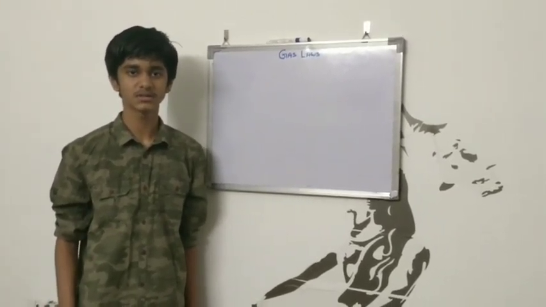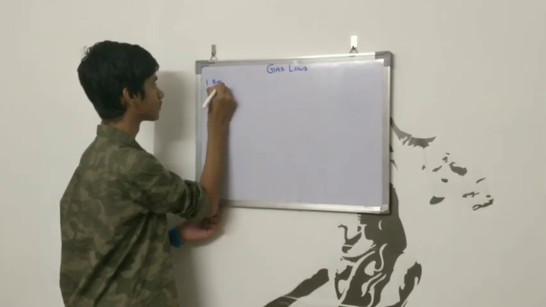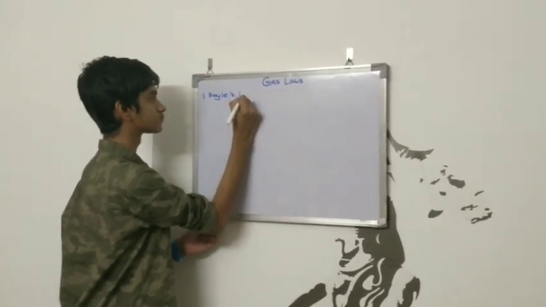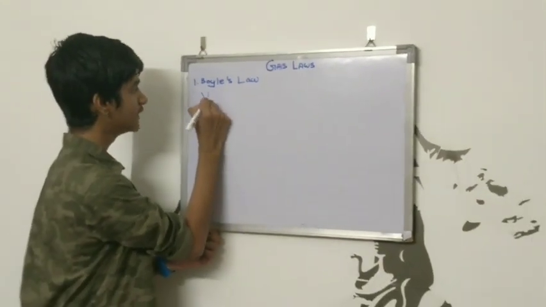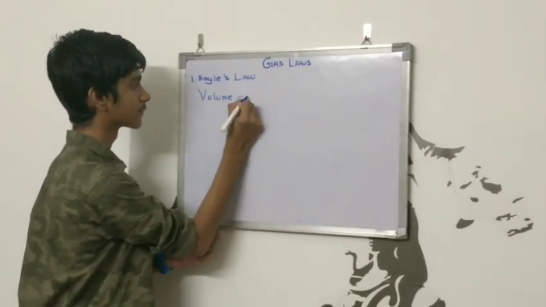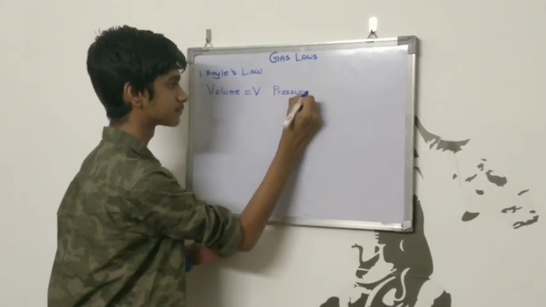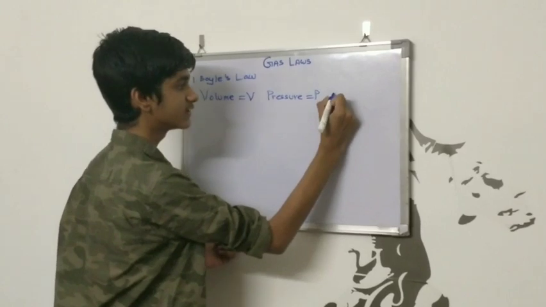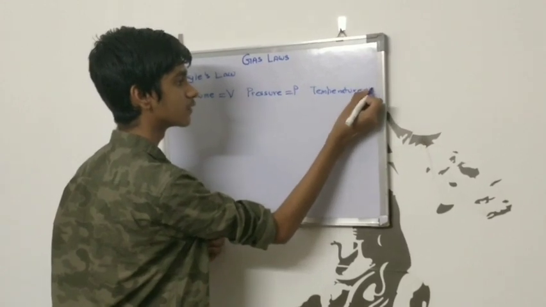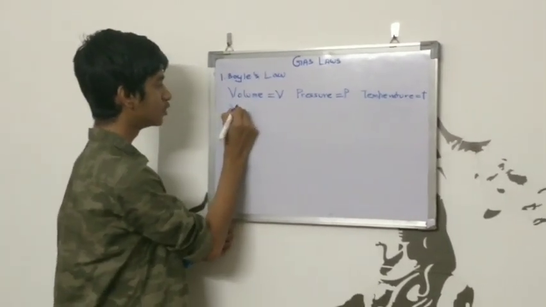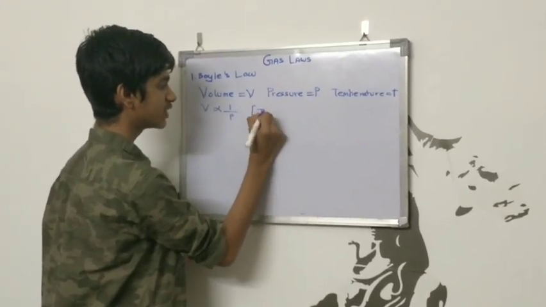So let's start with the first one, that is Boyle's law. Boyle's law states that if we have a gas with volume V and the pressure applied on that gas is P and the temperature is T, then volume is directly proportional to 1 by P when temperature T is constant.